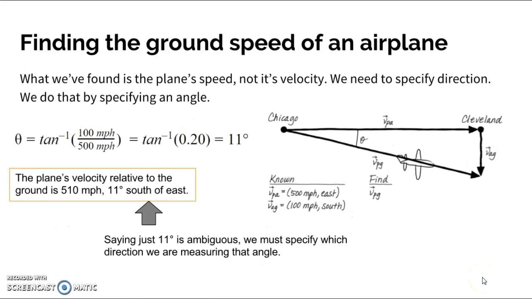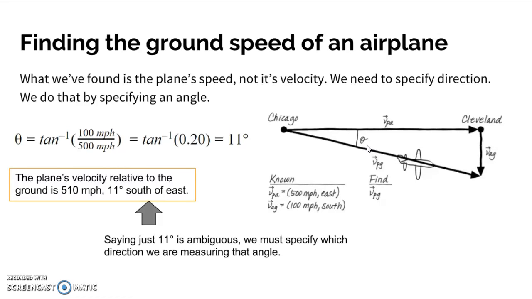So we found the plane speed, or the magnitude of its velocity, not its velocity. So we need to specify a direction, and we do that by specifying an angle. We'll label this angle here in our diagram. We can use trig to calculate that angle. Here I decided to use the tangent function.